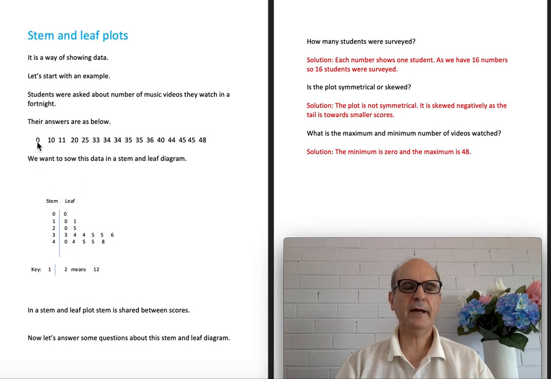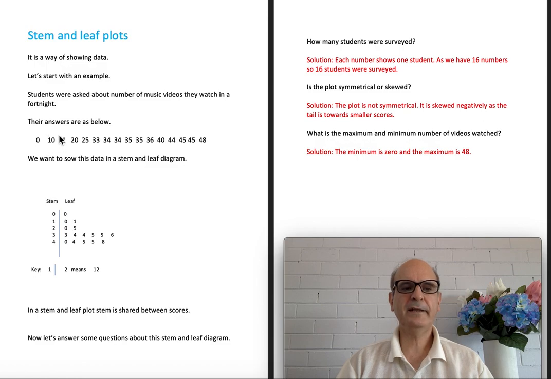If you look at 0, I put a 0 here because 0 doesn't have any digit in its tens place. So that means that 0 has got 0 in its tens place, and in ones place it has got only 0. So this 0, 0 represents the first score, which is 0.